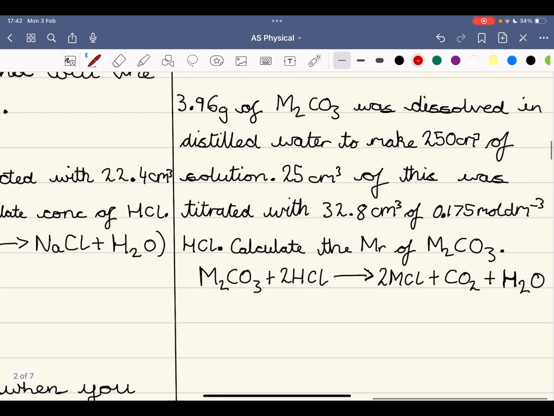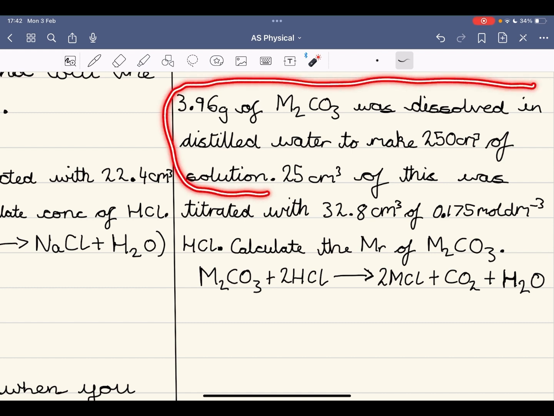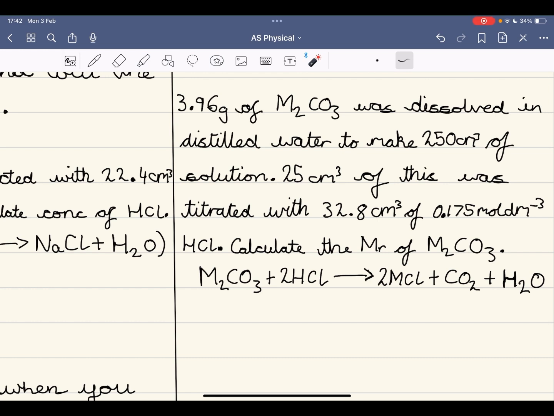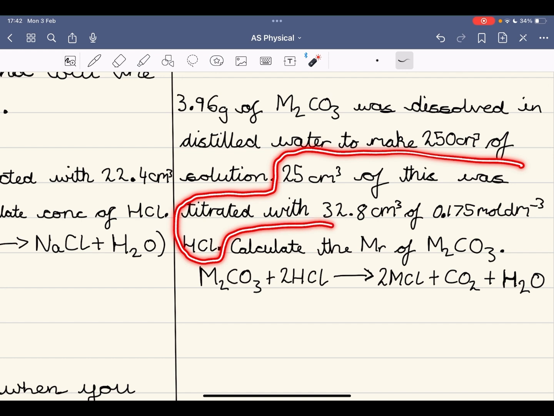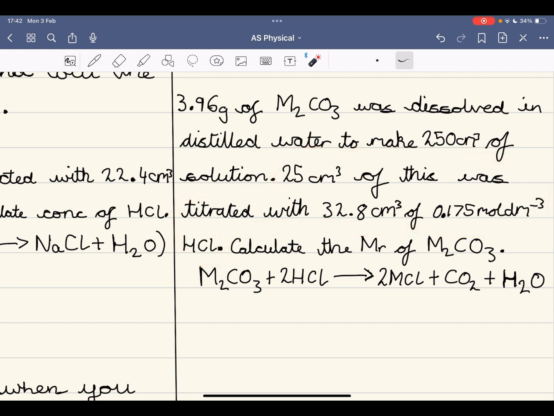Calculate the MR of M2CO3. So essentially, this bit here is when they make the big solution in the volumetric flask. Okay, so that big flask. And then this bit here is when they get a small sample from that big flask and they titrate it. Okay, so we're going to work backwards.